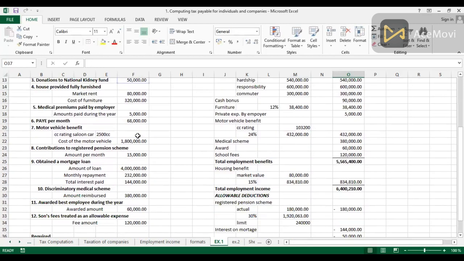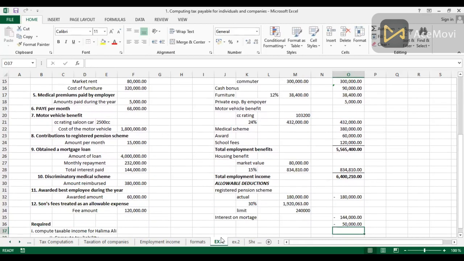Donations here, enter. Then let me just see. Donations to charity. Okay. From here, actually, I think we've exhausted everything.